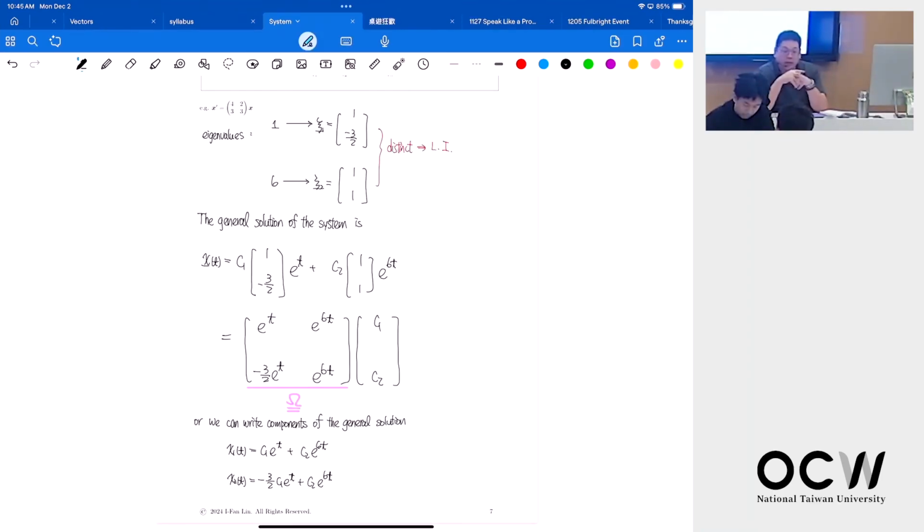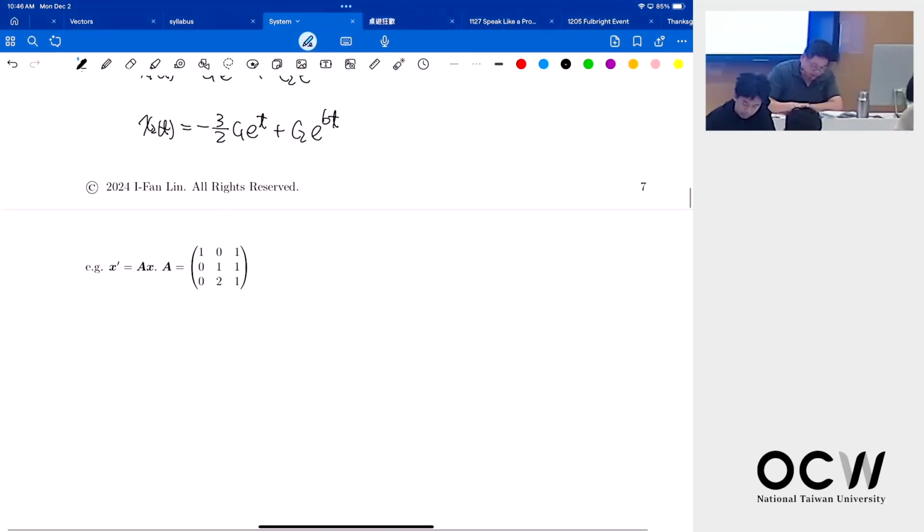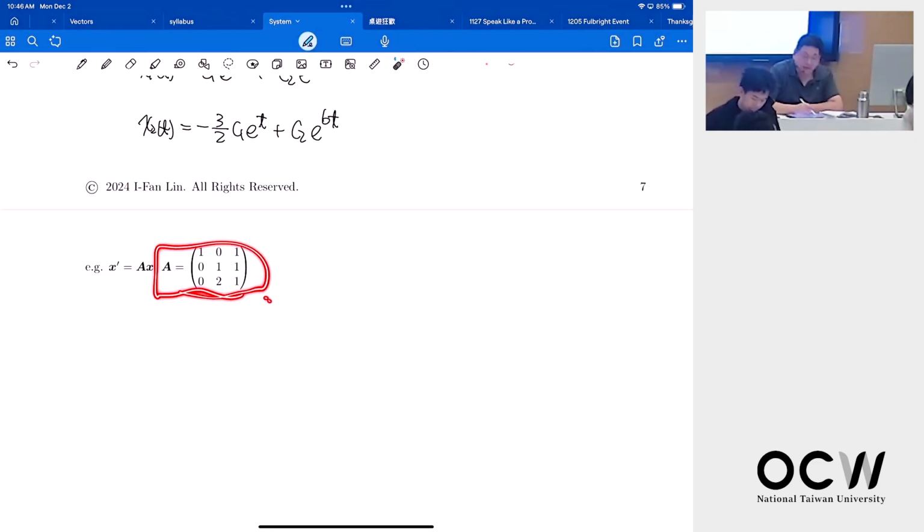Now that is just a 2 by 2 matrix for A. Now let's see another one that's 3 by 3. To find the solution, we also need to find the eigenvalues and the eigenvectors. So let me give you 5 minutes. Try to find the eigenvalues and the eigenvectors for matrix A. Because no matter what, every time you need to find the eigenvalues and eigenvectors.